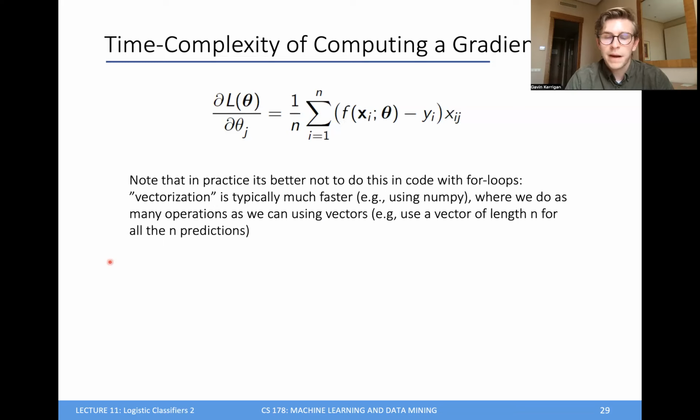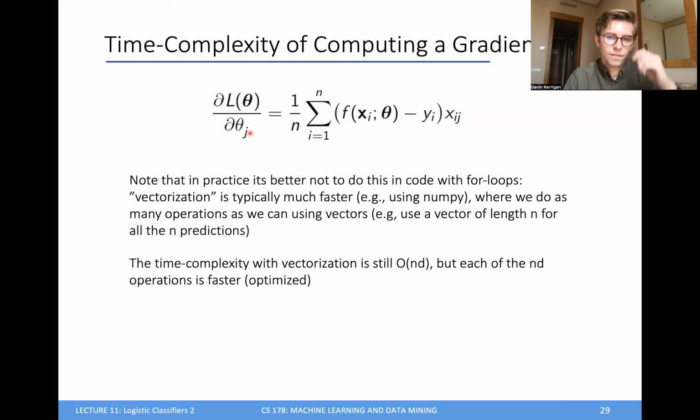Also note you can parallelize this calculation, in the sense that rather than computing this derivative for each theta sub j individually, you can compute them all in parallel by putting everything into a big vector. Even with vectorization, the time complexity is still O of nd, but generally it'd be faster because each of these operations is going to be optimized a little bit.